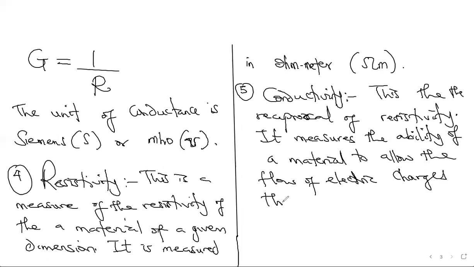So it's just a way of knowing how easily electric charges can flow through the material. It is the inverse of resistivity. The symbol for resistivity is rho. Conductivity is sigma, which is 1 over rho.